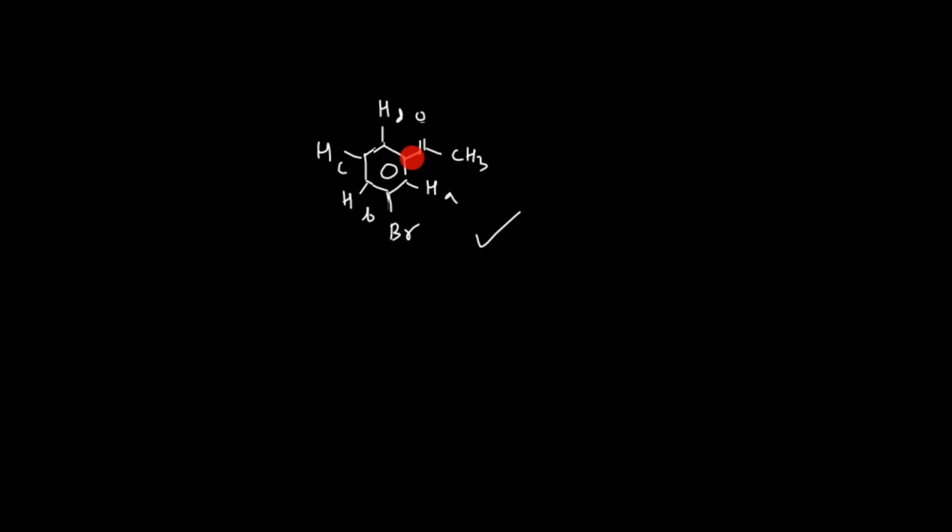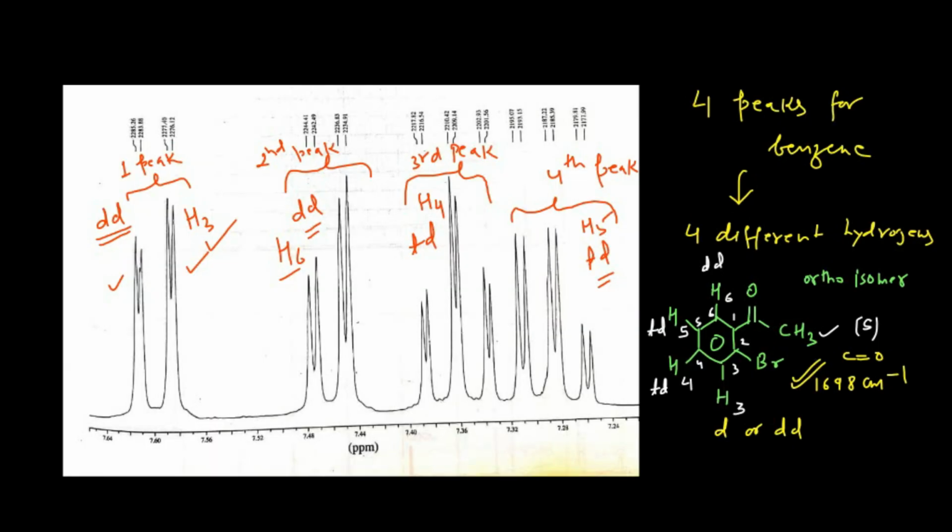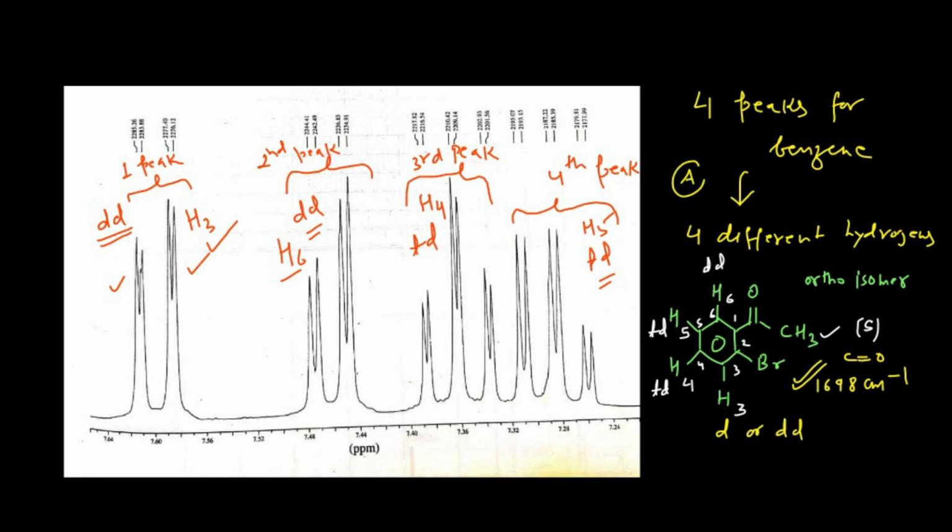So there is a very smooth, extended conjugation between this carbonyl and the benzene ring, and this value will not be very high like in the earlier case in the ortho isomer, 1698. It will be somewhere around here, 1988 cm⁻¹. That's why I am saying that this particular compound A, the isomer A, is basically your ortho-bromoacetophenone. This thing is very important for you.